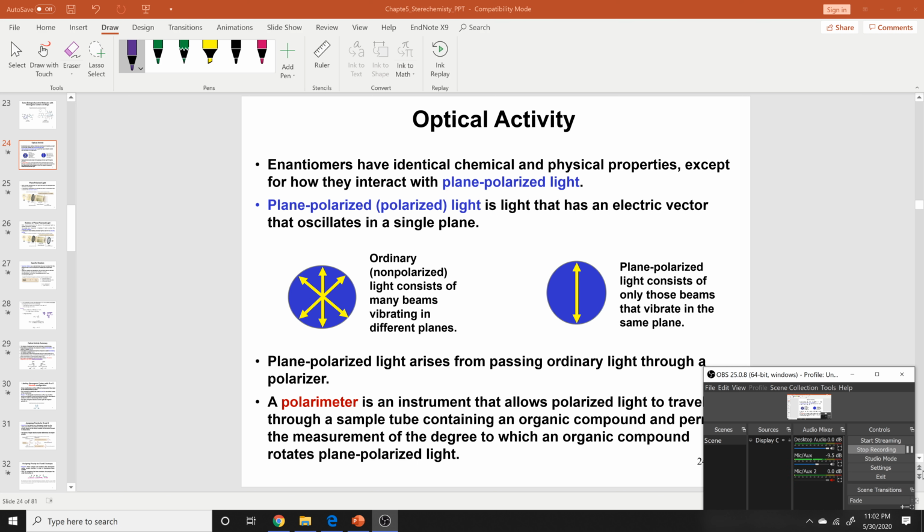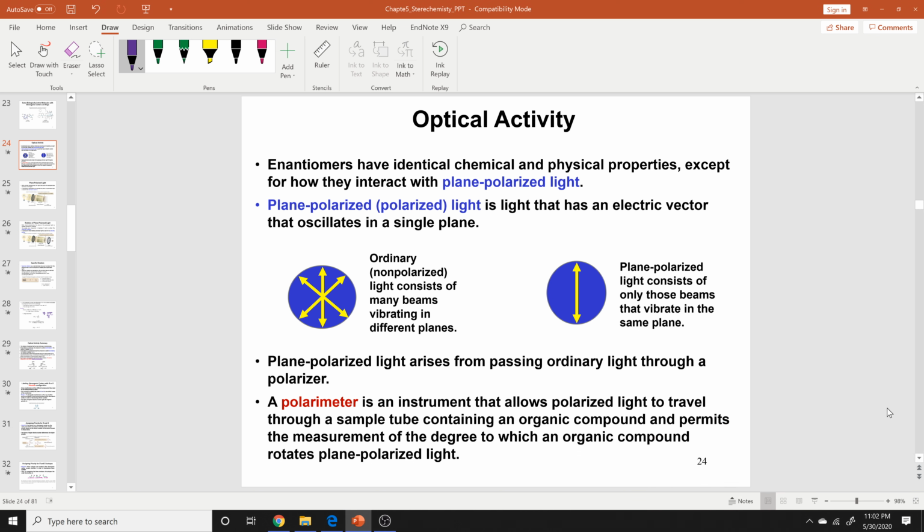To test if the molecule is chiral or not chiral in the lab, we use a small instrument which we call a polarimeter, and that instrument allows the polarized light to travel through a sample tube that has your organic compound in it.